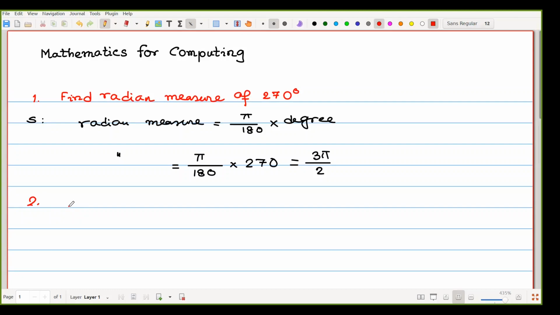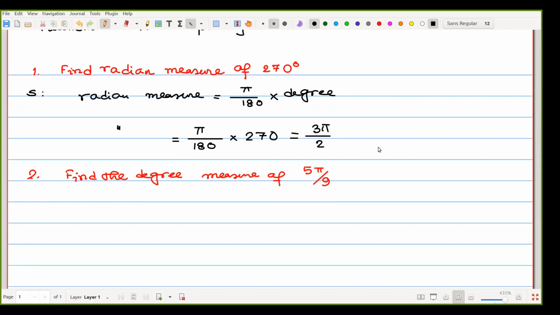Second one, suppose we have to find the degree measure of 5 pi by 9.